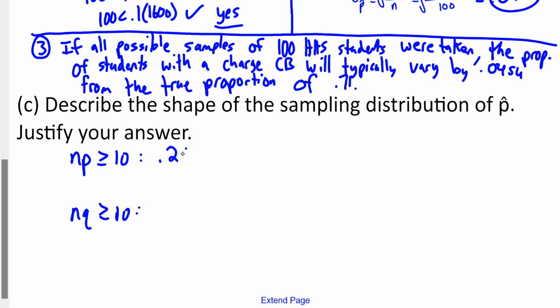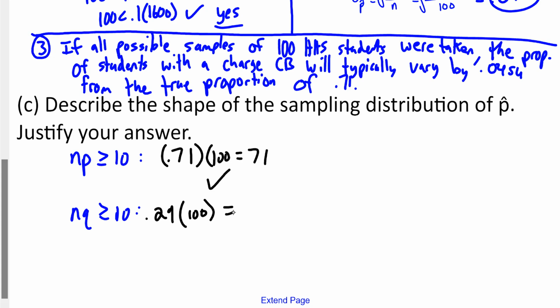So 0.71 times 100 equals 71. That one's good. 0.29 times 100 is 29. That one's good. So we can assume that they will be approximately normal by the large counts condition.